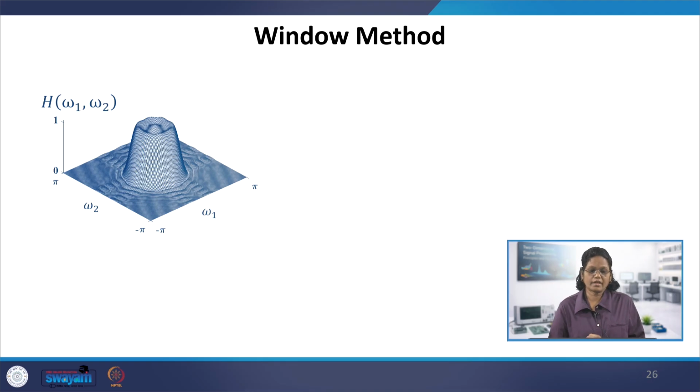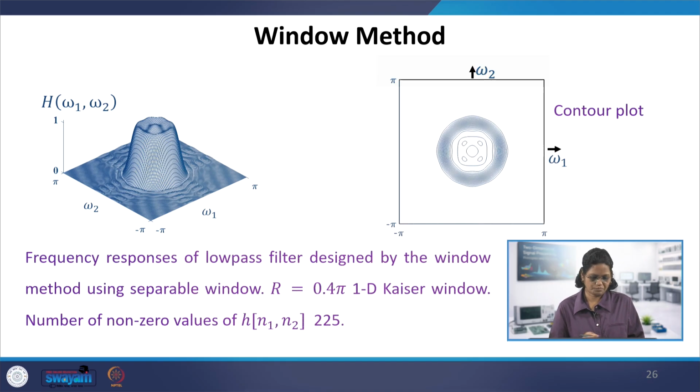So the design which is carried out with the Kaiser window, in this procedure, is getting the H D response, and then the inverse h of n1 comma n2, which has infinite coefficients, that is an infinite extent response.